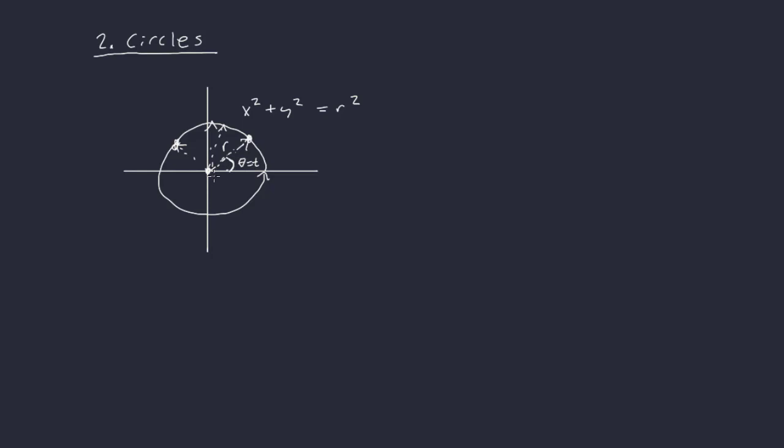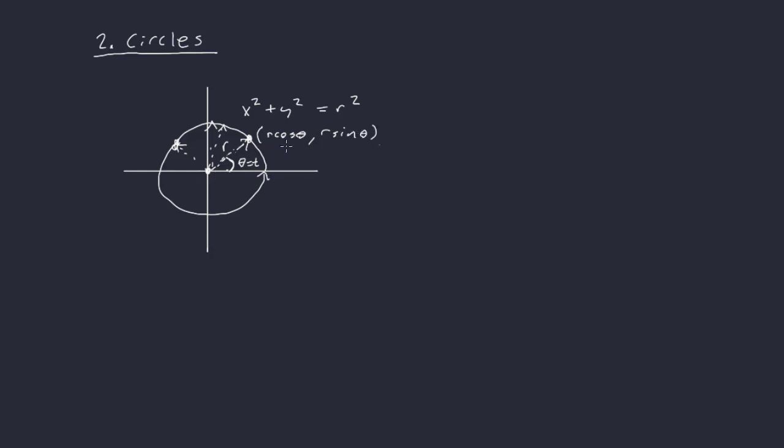Because as time increases, I'm going to let the angle increase. Well, how that works is any point on a circle centered at the origin is going to be r cosine theta, comma r sine theta, right?